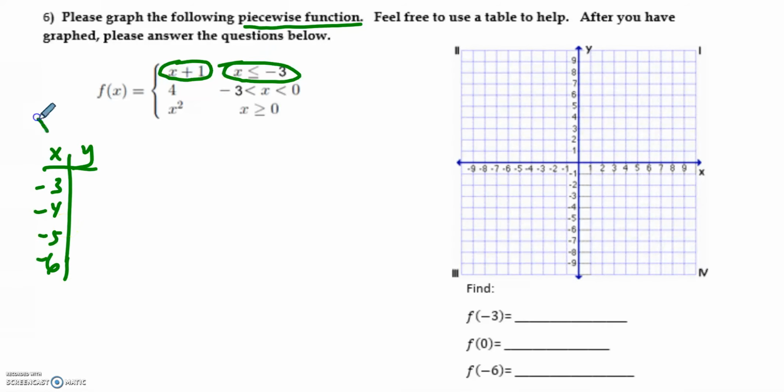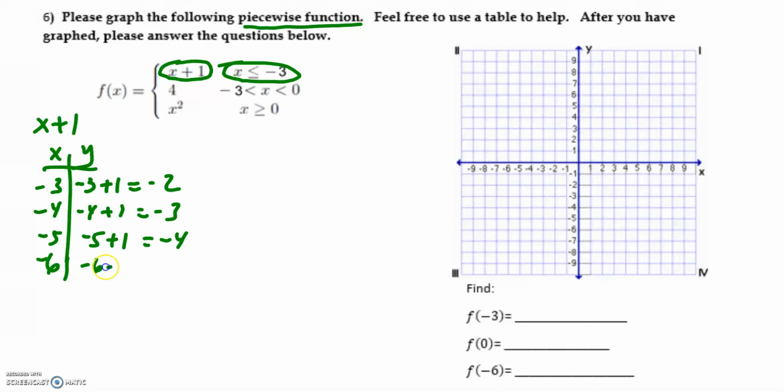If I take all of those numbers and plug that into x plus 1, that would be -3 plus 1, or -2, -4 plus 1, -3, -5 plus 1, -4, and -6 plus 1, -5.